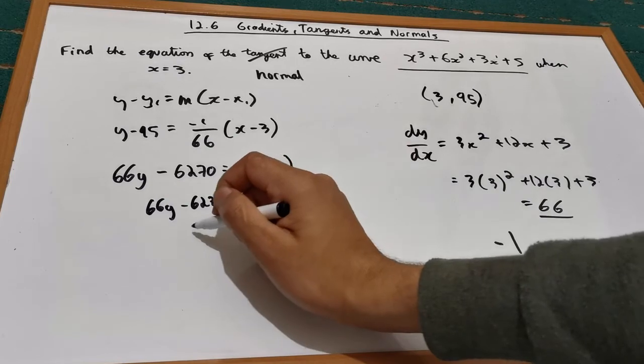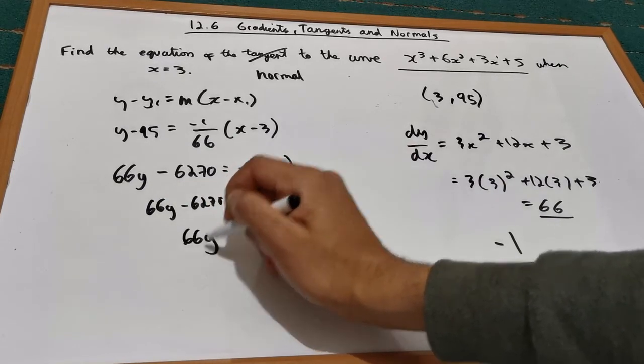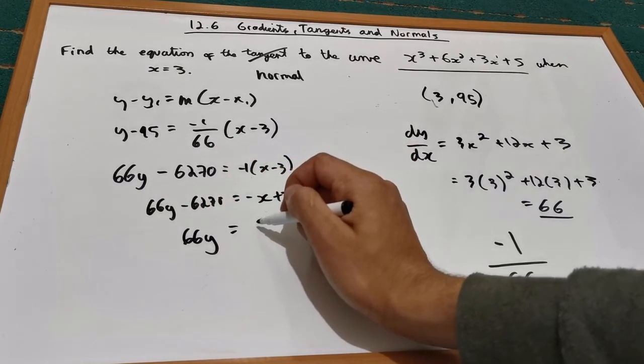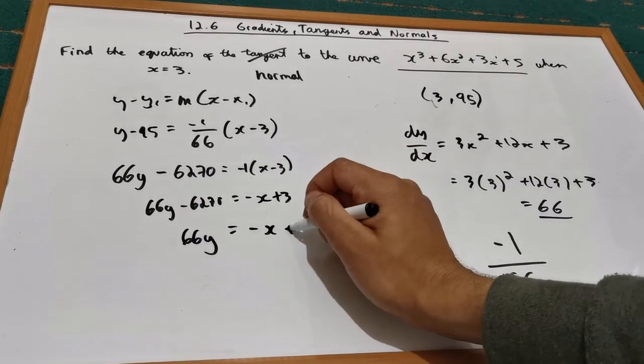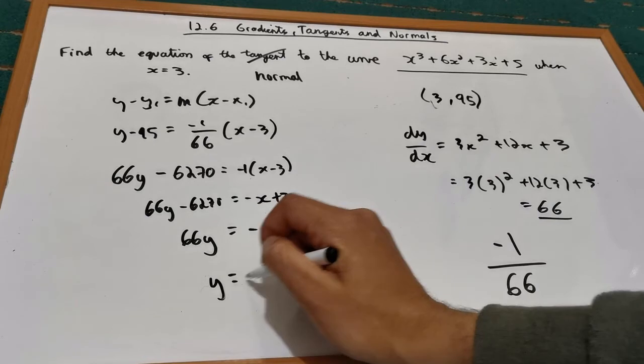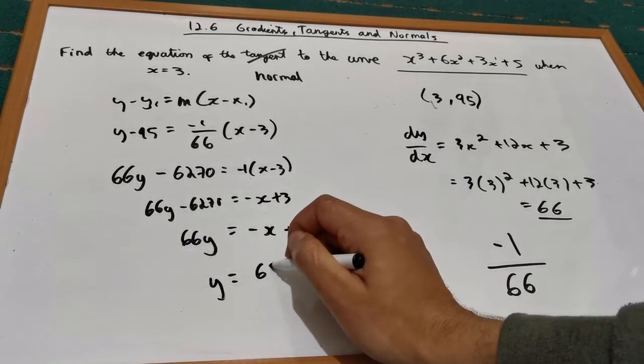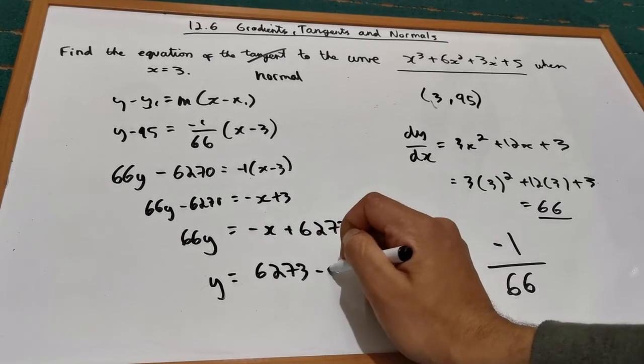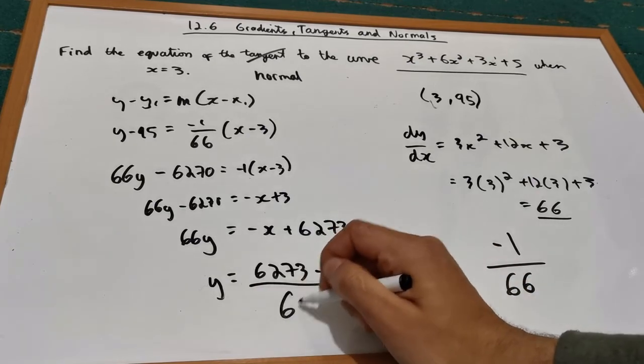Add 3. Now 66y is equal to negative x, add 6,273, and y is equal to 6,273 take away x all over 66.